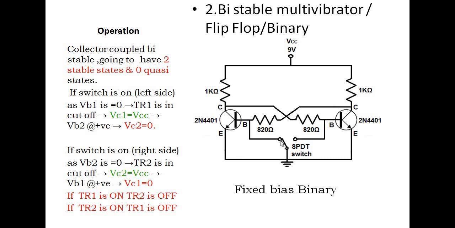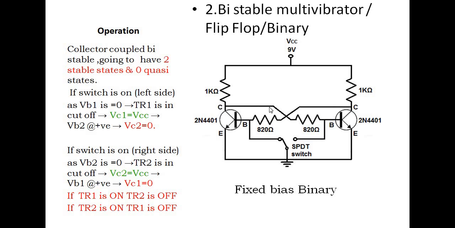When we apply 0 volts to the base of Q1, obviously the base voltage is 0. If the base voltage is 0, transistor Q1 is in cutoff. The output of Q1, which is VC1, is approximately VCC, a positive voltage.